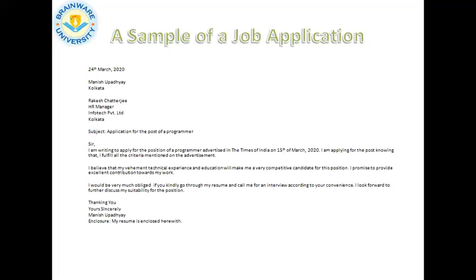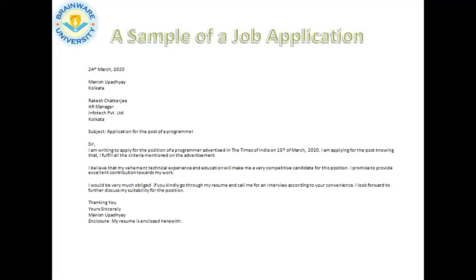But if you are sending an email, you can omit the address and the date section if you wish. Always remember that the cover letter has the ability to catch the employer's attention. And if you can do so, then there are fair chances to get shortlisted for an interview.